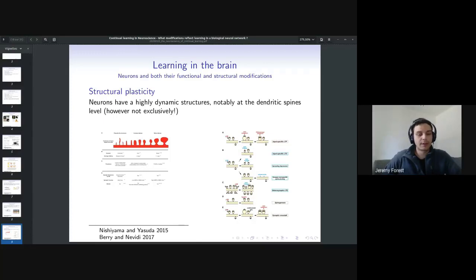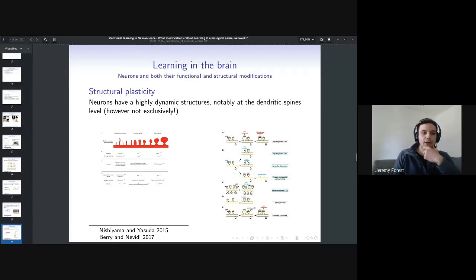They have the ability to remodel the dendritic arbor quite significantly, but a lot of studies have focused on dendritic spines, and dendritic spines come in many forms, as you can see here, from very thin filopodia-like spines to very big mushroom-like spines.